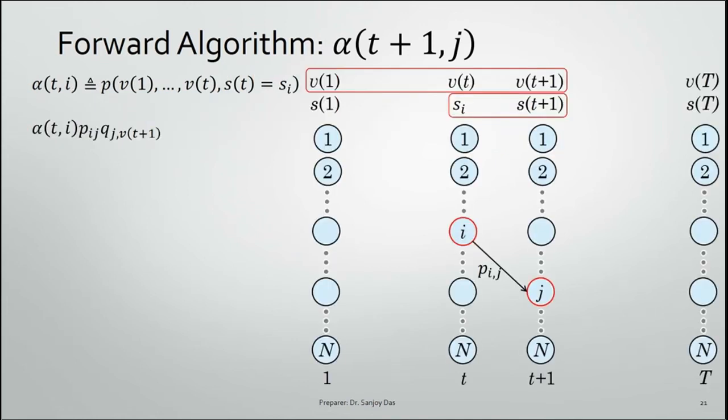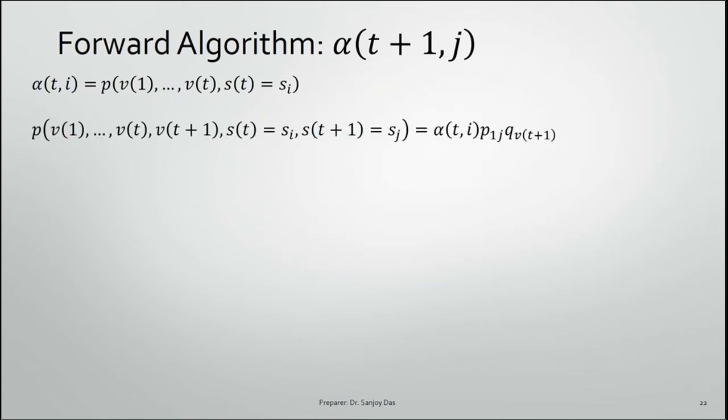Generalizing, suppose at time t we are in state Si, and the probability of the output sequence being v1 through vt is alpha ti. To that we can multiply pij to account for state St plus 1 being Sj, and qj vt plus 1 to account for the next output symbol being vt plus 1.